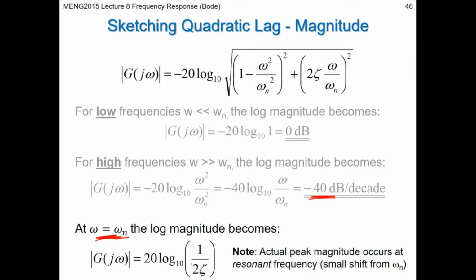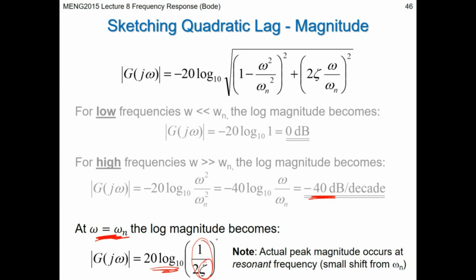zeta. So if you have a small value of zeta, in other words a low damping ratio, then this is going to get bigger, and that's how you get a resonant peak, or a peak magnitude at this resonant frequency, which is not quite at the natural frequency.